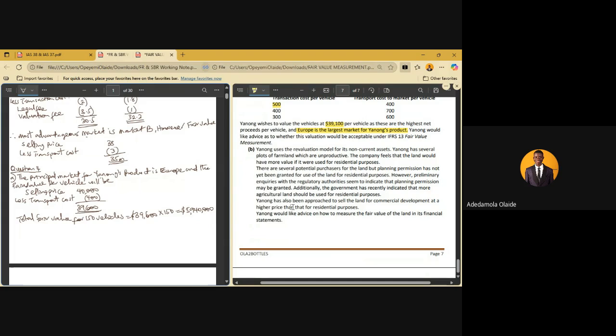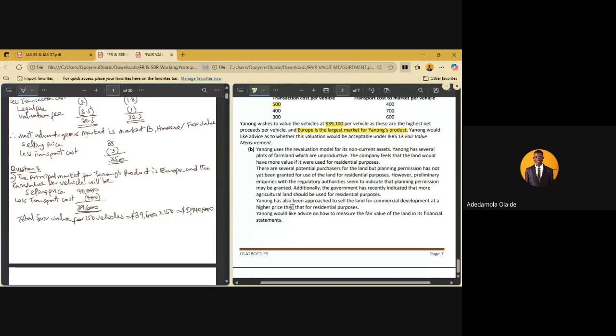But the discussion they have with the regulatory authority indicates that their planning permission may be granted. Also, the government has already indicated that they want more agricultural land to be used for residential purpose. So we can say it is highly probable that the planning permission will be granted.